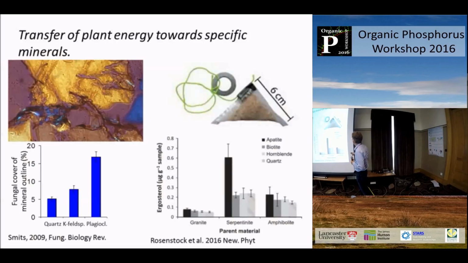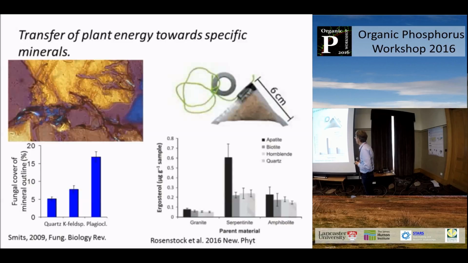Another approach is what we did when I was in Lund, in the lab of Håkan Wallander. We had these mesh bags filled with different grains, different minerals. We placed them in the forest, and it was an interesting site in Czech Republic. Close together we had different bedrocks.